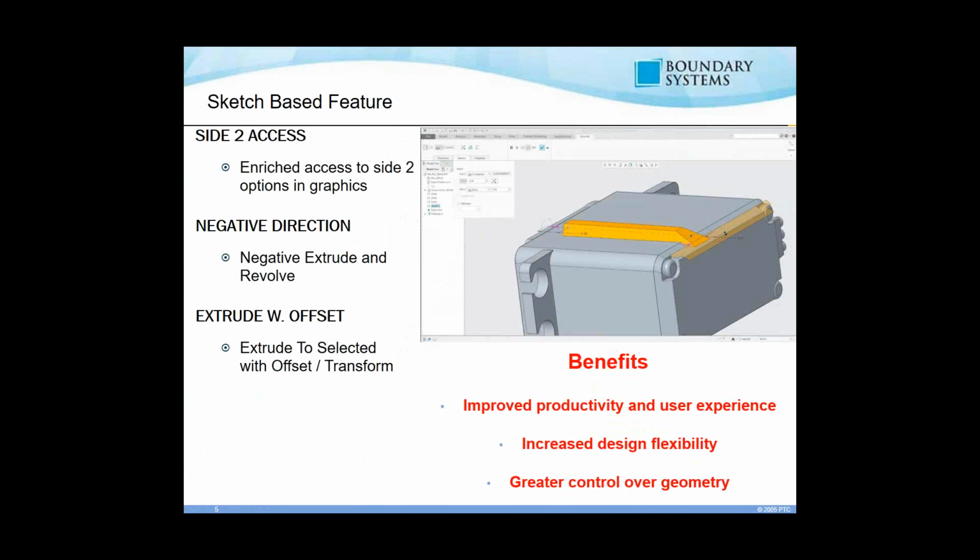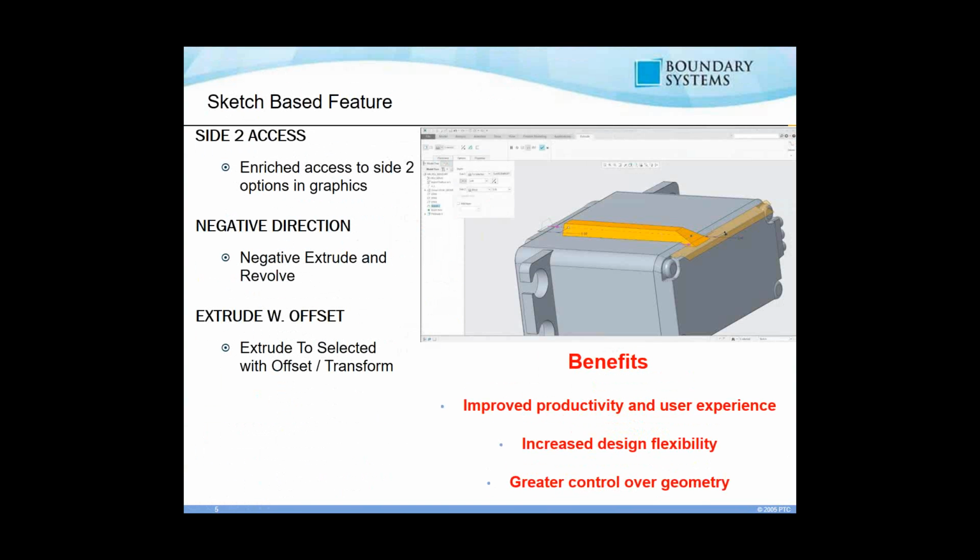And then not only that as well, but you can also create an extrude with an offset. And so in this case, you're referencing an existing surface, and then you're offsetting, either ahead or under that surface.